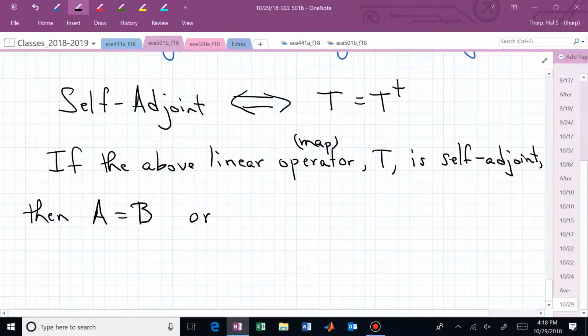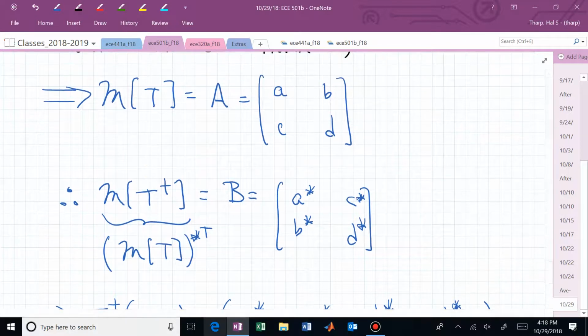Now I simply have to equate the corresponding elements in this 2 by 2 matrix. A is equal to A star, D is equal to D star, or D is equal to its conjugate. B is equal to C star, or C is equal to B star.